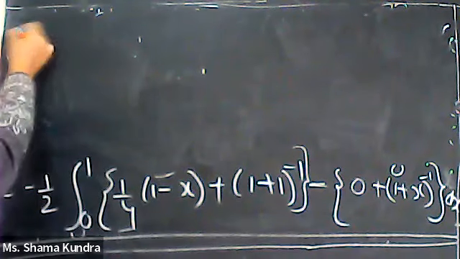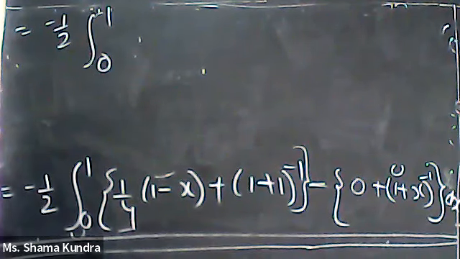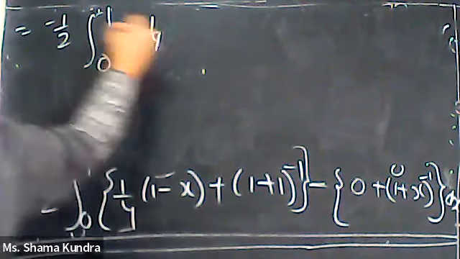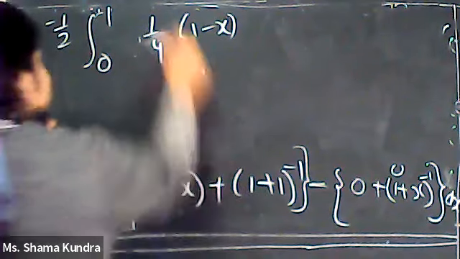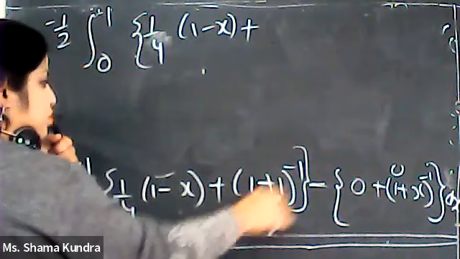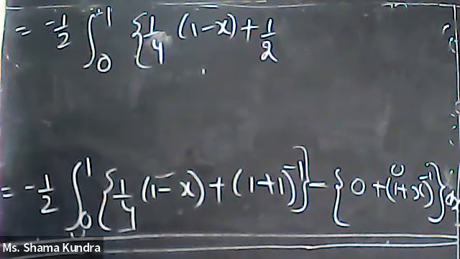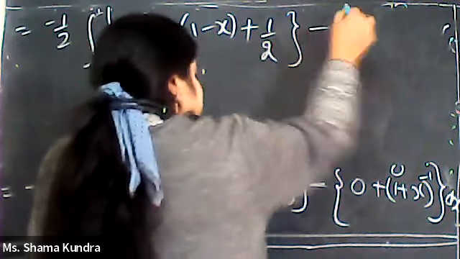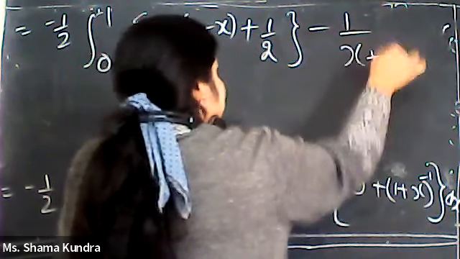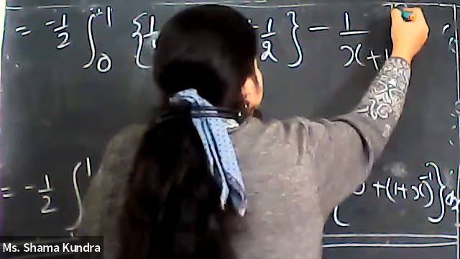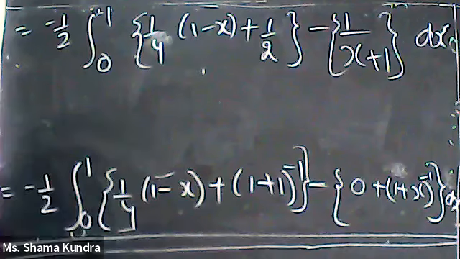First of all, let us simplify it: 1 by 4 times (1 minus x), plus 1 plus 1 is 2, with power minus 1, so 1 by 2, minus 1 by (x plus 1), whose power is minus 1, so it goes in the denominator.